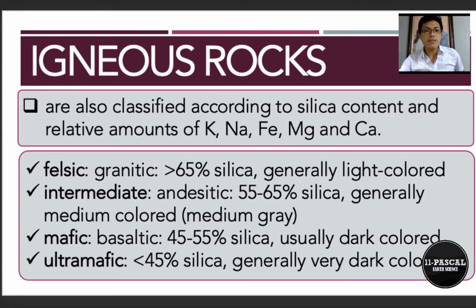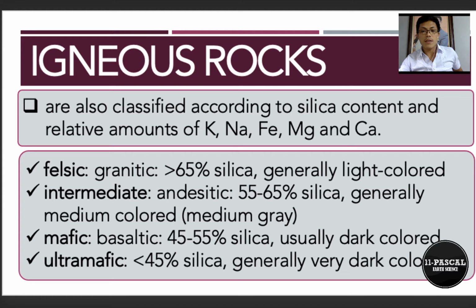Next, we have intermediate, which is andesitic. They are mixtures of felsic minerals, mainly plagioclase, and mafic minerals, mainly hornblende, pyroxene, and/or biotite. There is little or no quartz at all. They have 55 to 65% silica and are generally medium colored or medium gray. Examples of intermediate rocks are syenite, monzonite, and monzodiorite.